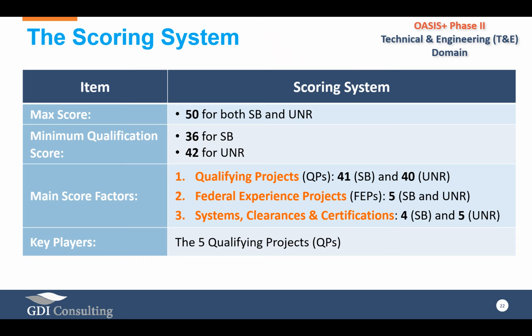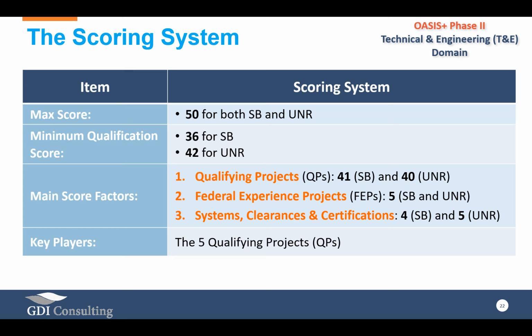So overall, there are 50 points, whether you're small business or unrestricted, doesn't matter. And when I say small business, I'm talking about 5 different tracks: total small business, women-owned small business, 8(a), HUBZone, and SDVOSB. All of these are considered small business from here on when I say small business.